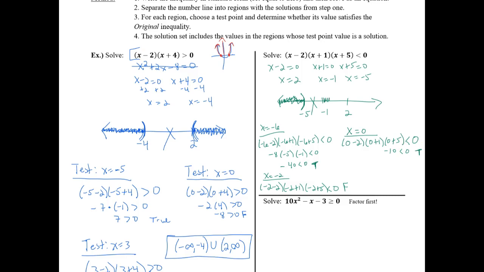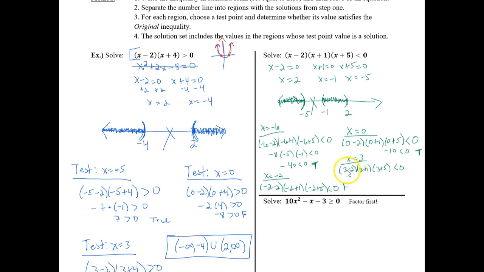That is true. So everything in this region is going to be less than 0. I do not include 1. I do not include 2. And then lastly, for something in this last region greater than 2, I'm going to pick 3. 3 minus 2, 3 plus 1, 3 plus 5, less than 0.